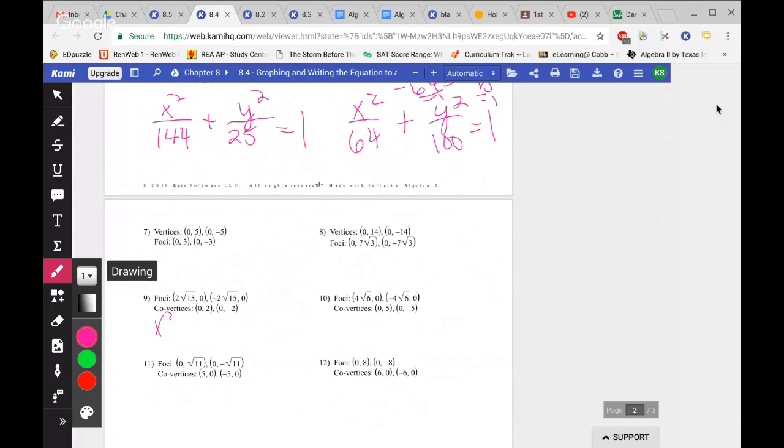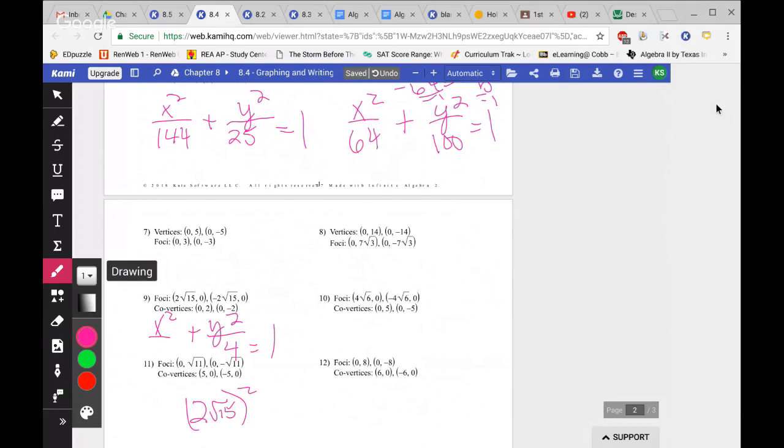So I've got X squared plus Y squared over 4, because 2 squared is 4, equals 1. And then to find what that a squared value is, I'm going to take 2 times the square root of 15 and square that, which gives me 4 times 15, right?